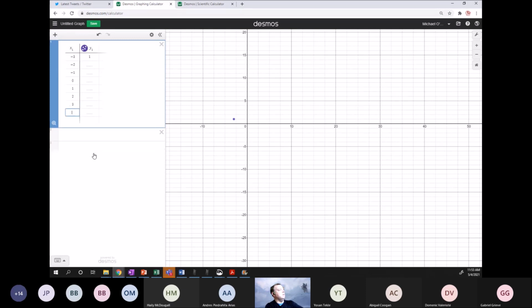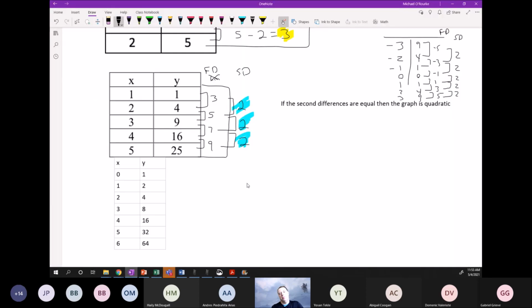I have to go 9, 4, 1, 0, 1. If you look there, it's making a quadratic. How do we feel about that? Yes, no, maybe so. Do we understand that? Amazing.